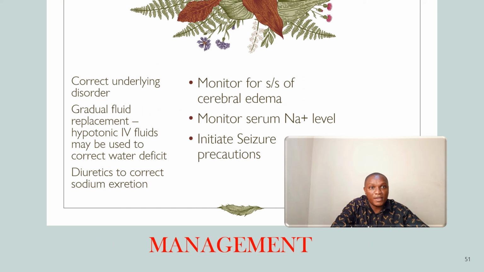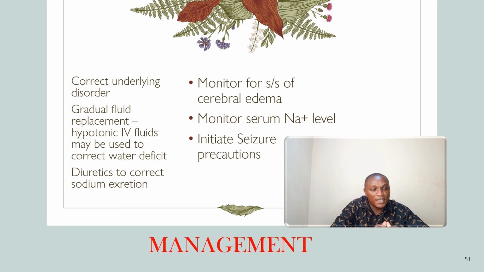Number one, you start by correcting the underlying condition. Then gradually replace the fluid. That is, hypotonic IV fluids may be used to correct the water deficit. Diuretics to correct sodium excretion. Then monitor for signs and symptoms of cerebral edema.